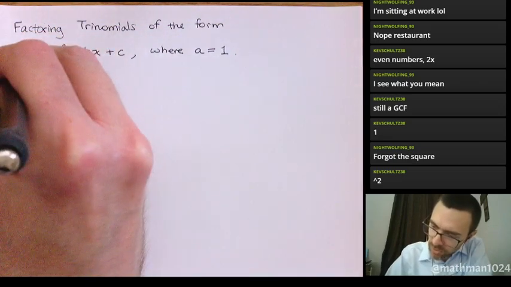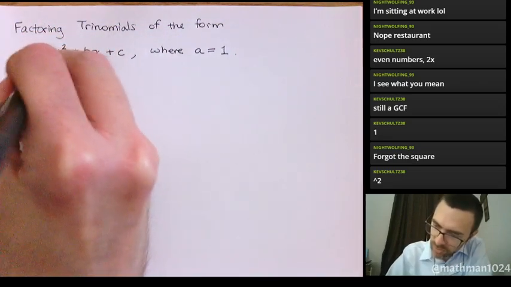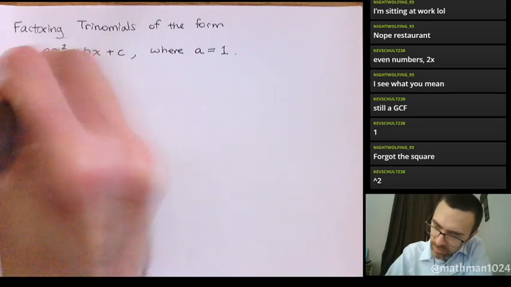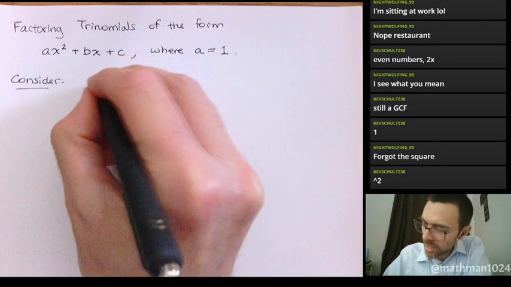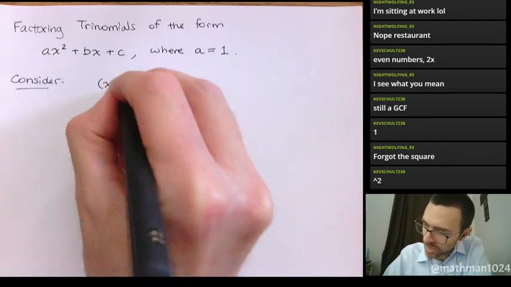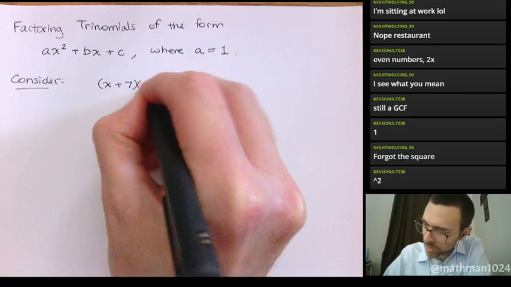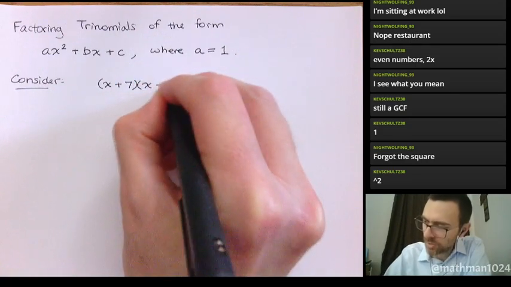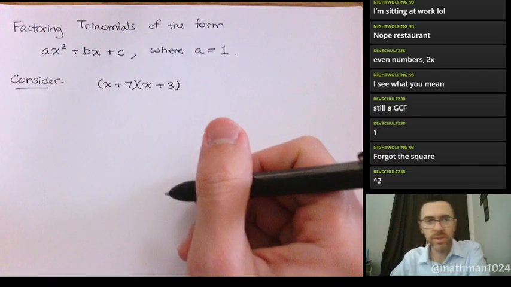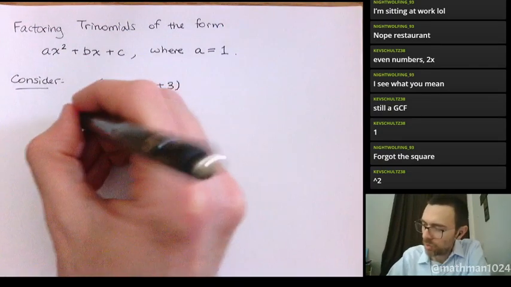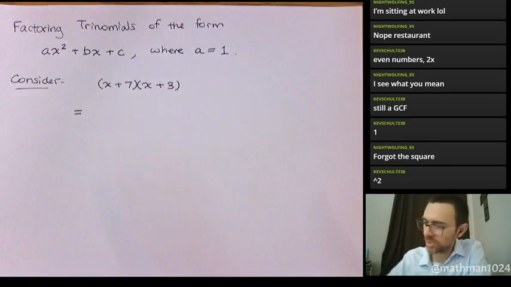So I just want you to consider the following. If I were to take the product x plus 7 times x plus 3, and I were to FOIL this out, we remember how the FOIL process goes.